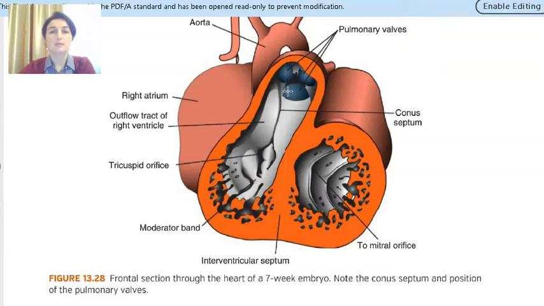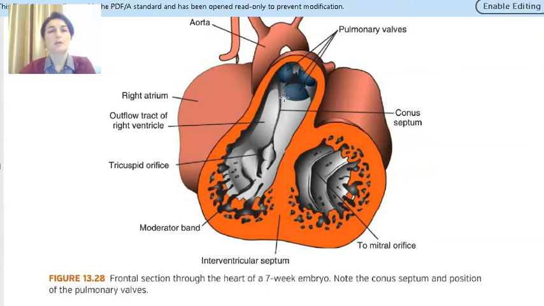That's why if there are genetic problems in the secondary heart field cells, it may lead to different defects in the formation of the bulbus cordis and the truncus cordis, then the arteriosus. So outflow tracts of the heart will suffer, and there may be different pathologies.